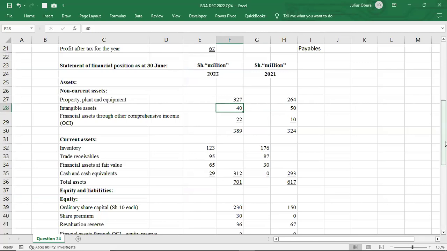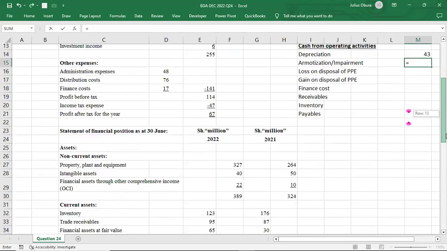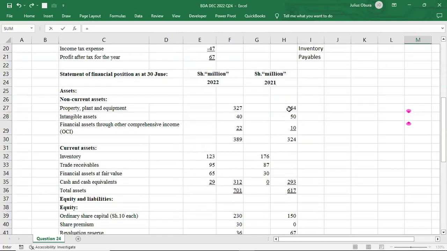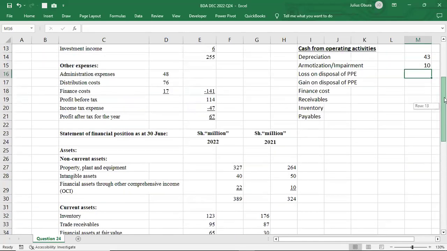So for our impairment of intangible assets, we'll say this is equal to 50 minus 40, and that gives us 10.